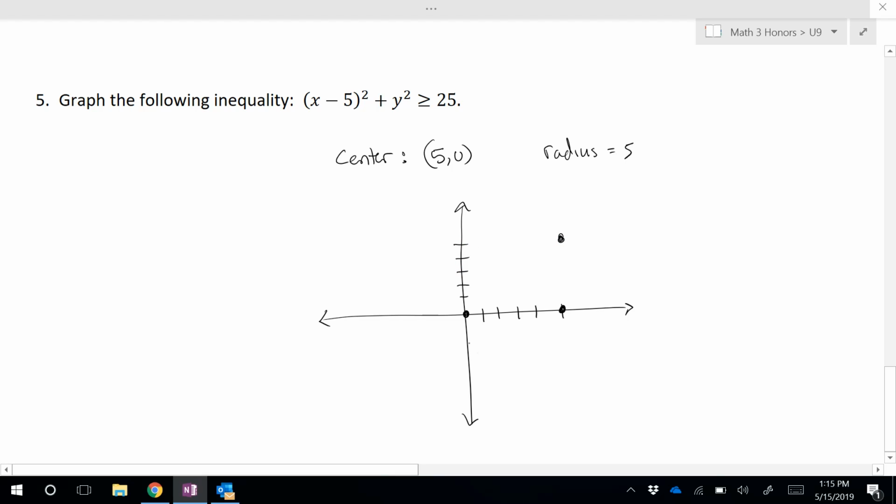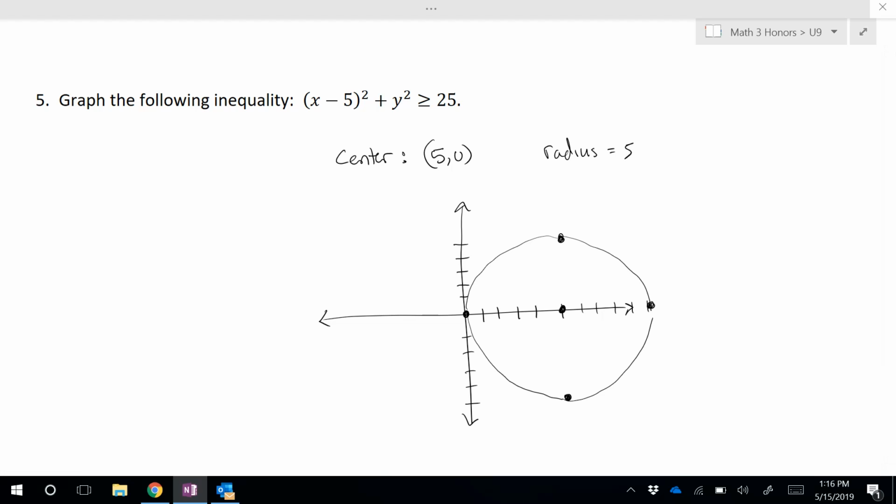And then try to draw a circle. I don't know, something like this. All right, there's my beautiful circle. Okay. Now shade in or shade out.